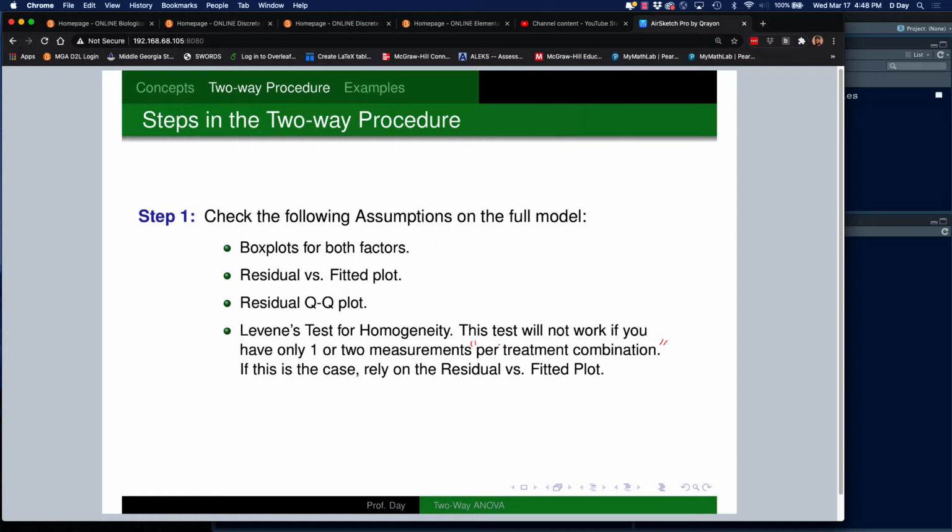In this case, we can rely on the residual versus fitted plot to see how comfortable we feel with the variation. All right. But if we have more than two values in each combination, then the Levene's test usually will work well for us. It should back up what our residual versus fitted plot tells us. Okay, so we'll do those.